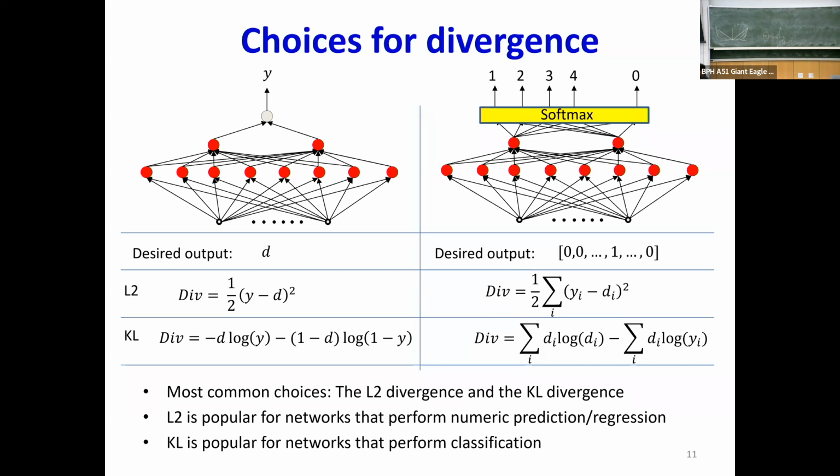Now, what will the shape of this divergence be as a function of Y? It's quadratic. It's going to be a parabola, right? So this is your D, and this is Y, and it's going to be a nice little bowl, okay?